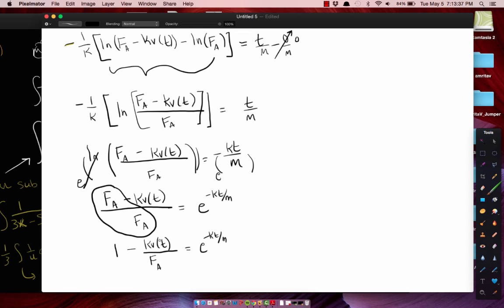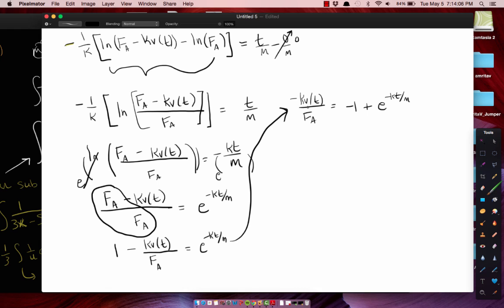And then we're going to add 1 to both sides. So we get negative k v(t) over f_a is equal to 1 plus negative 1 plus e to the negative kt over m.